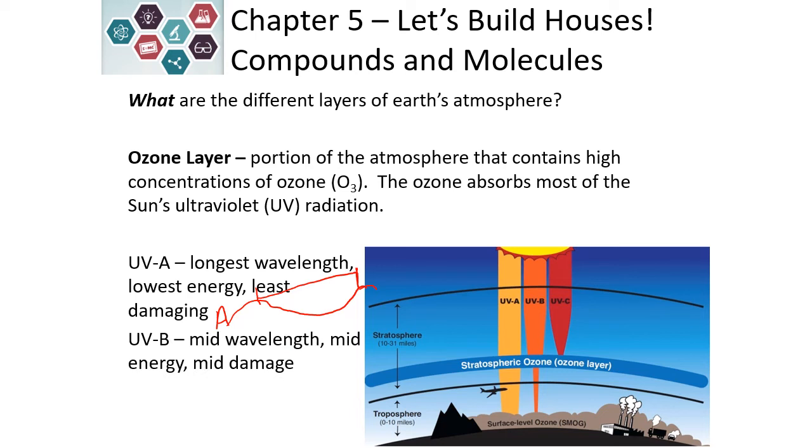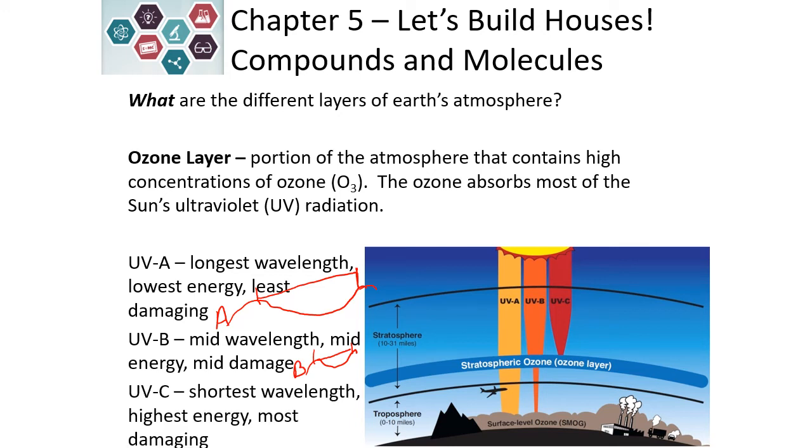UVB is a mid-length, so the ozone layer filters out more of the UVB. It gives us a middle amount of damage, and it has a slightly shorter wavelength than A did. And UVC is the shortest wavelength and the most damaging, but the ozone layer filters out nearly all of the UVC.